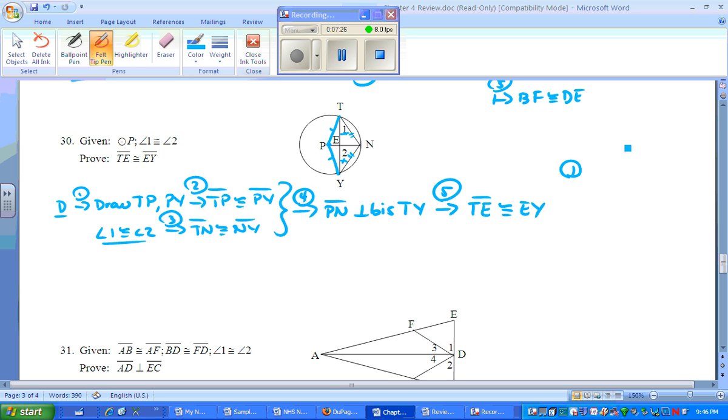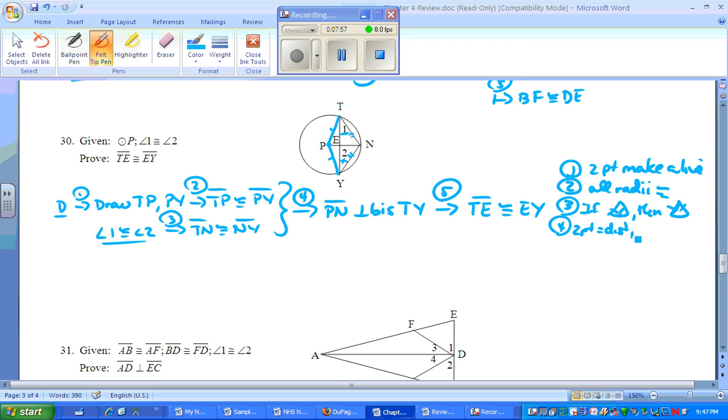Reason 1, two points make a line. 2, all radii congruent. 3, if angles, then sides. 4 is if two points equidistant, then perpendicular bisector.